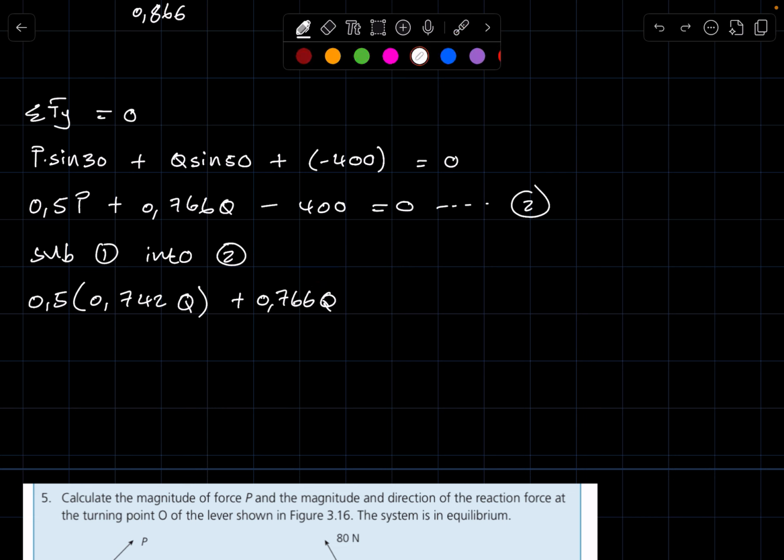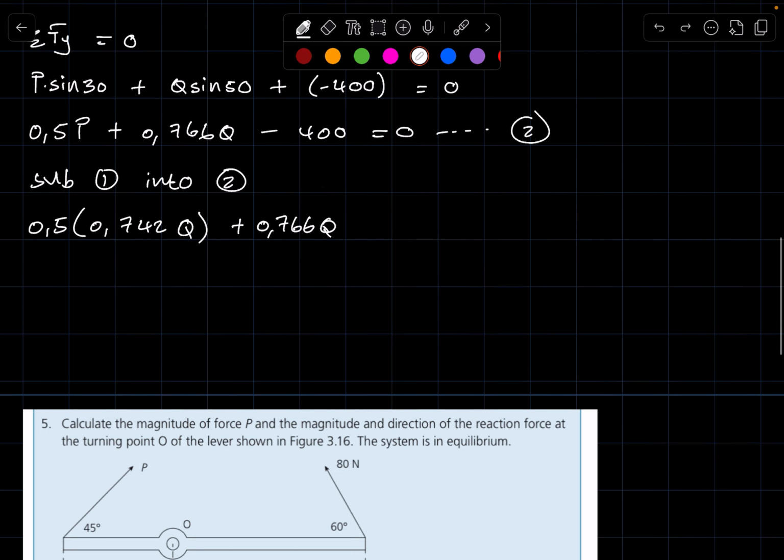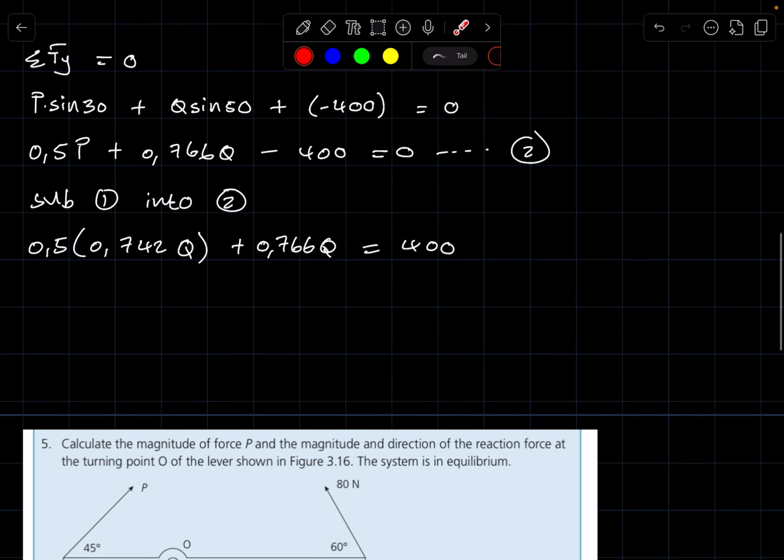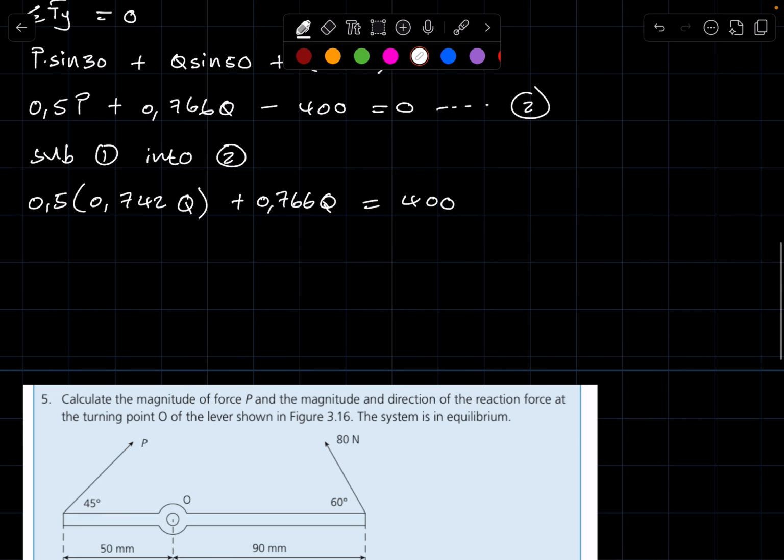So grouping like terms, you can transpose the negative 400 to the other side, and it becomes positive 400. Now this term plus this term gives us 1.137 Q. That's equal to 400.